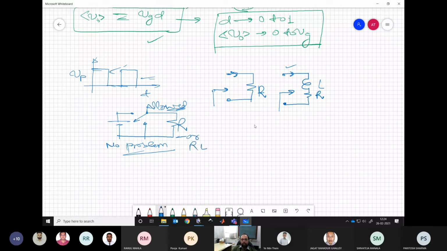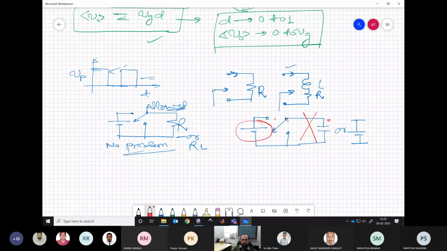But the moment we have any load which has a battery or capacitor component, that moment itself, this is a big no, because we will be shorting two different voltages if we connect this pole to throw 1 or even to throw 2.